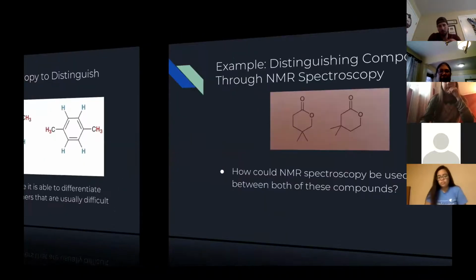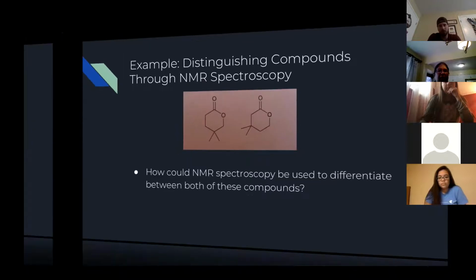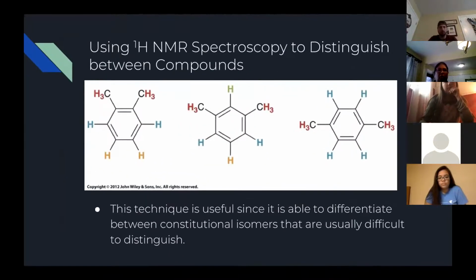Hey, Michaela, I want to say something about that. The leftmost is ortho-xylene, the middle one is meta-xylene, and the last one is para-xylene. So with some of your unknown compounds, you will have ortho, meta, and para compounds.